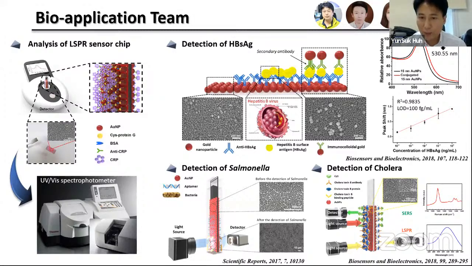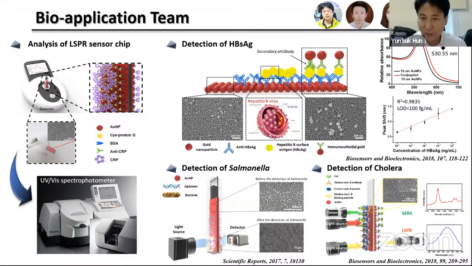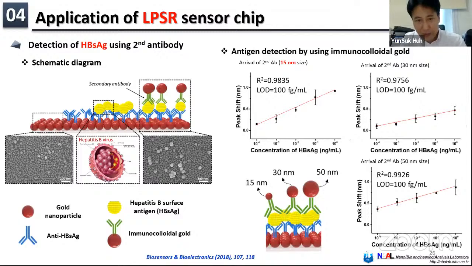So we can obtain similar data. And so our sensing technique, we suggest, is one of the promising portable sensing techniques applicable in the field. This slide is one example of improving sensitivity by using the sandwich assay technique.